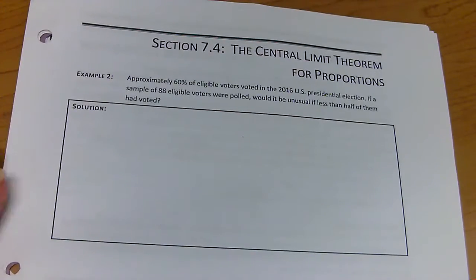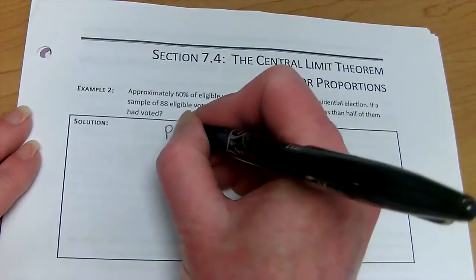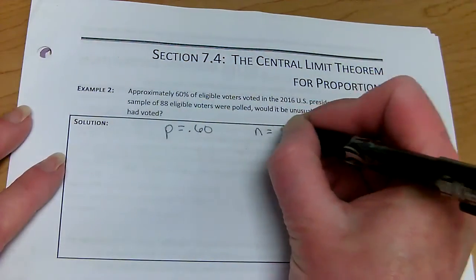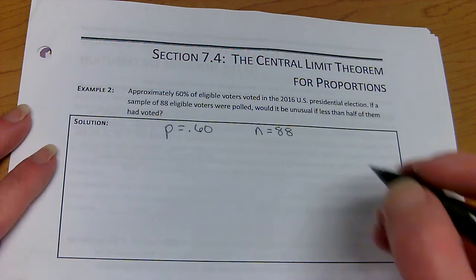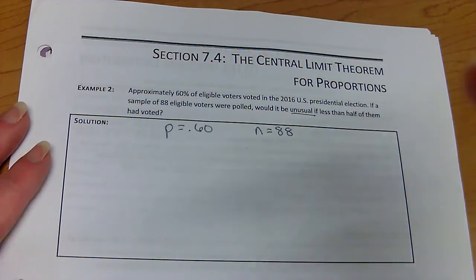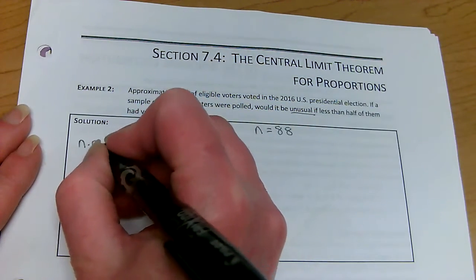Approximately 60% of eligible voters voted in the 2016 election. P equals 0.60. If a sample of 88 voters were polled, would it be unusual if less than half of them voted? Okay, so unusual would mean that the probability is less than 0.05. So first we need to check our conditions.